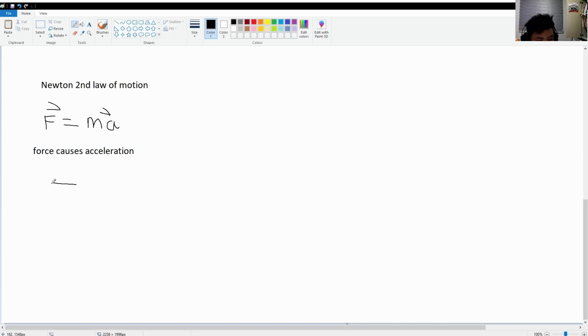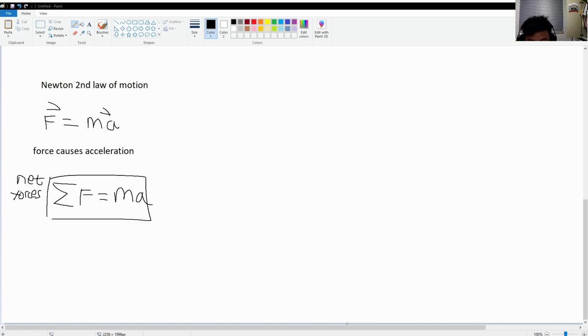And we have to take into account the fact that those forces are vectors. So this is the net force, or the vector sum of all forces, and if that turns out to be zero, then certainly the acceleration is going to be zero.